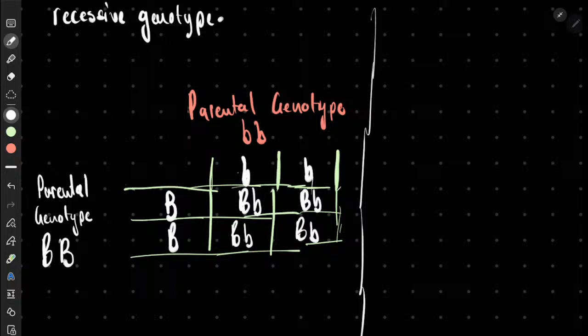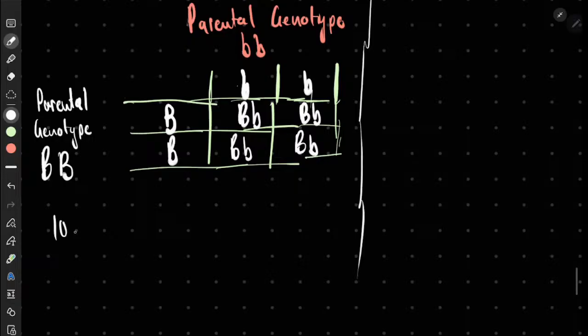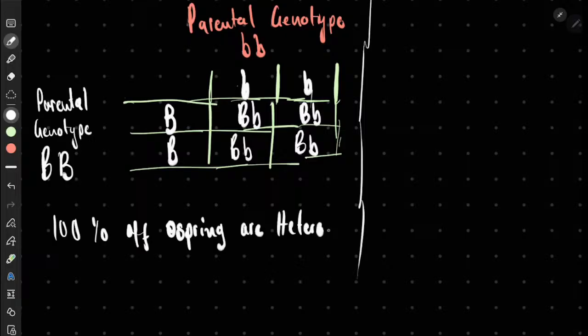Can you all see that? So you can see that if you are homozygous dominant, when we do a test cross, we should get 100% of offspring being heterozygotes.